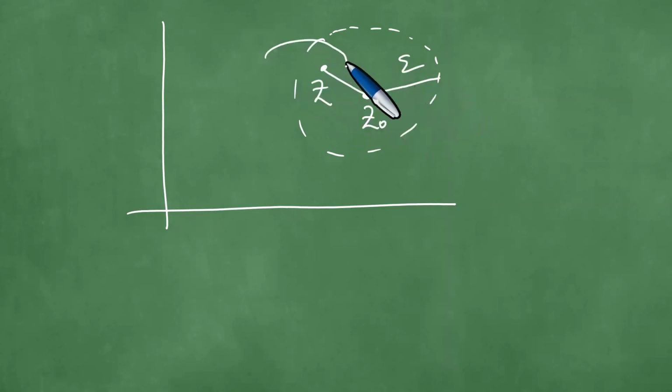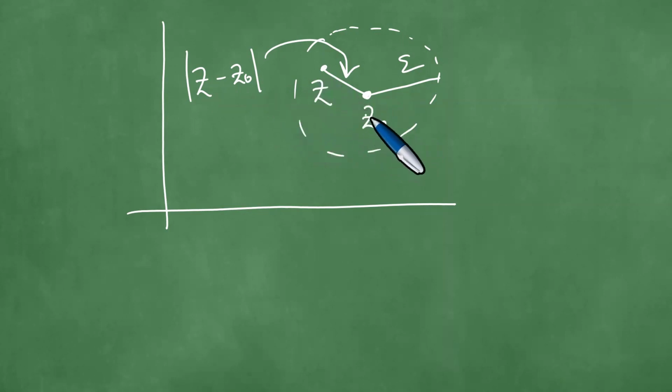And then you have Z minus Z0. Obviously, at this point, we just take an arbitrary point, and we are looking at the distance between an arbitrary Z and Z0.